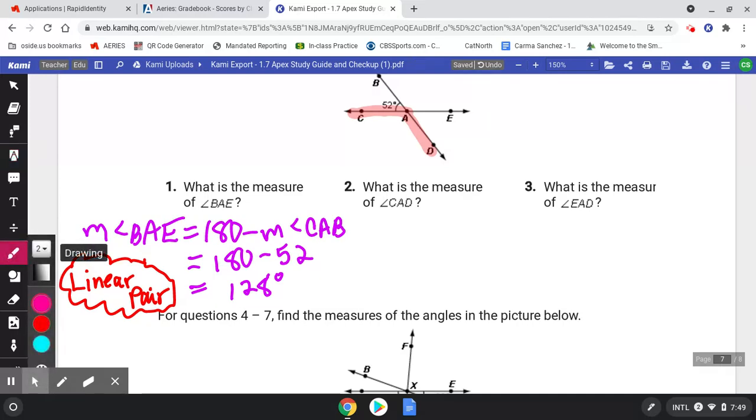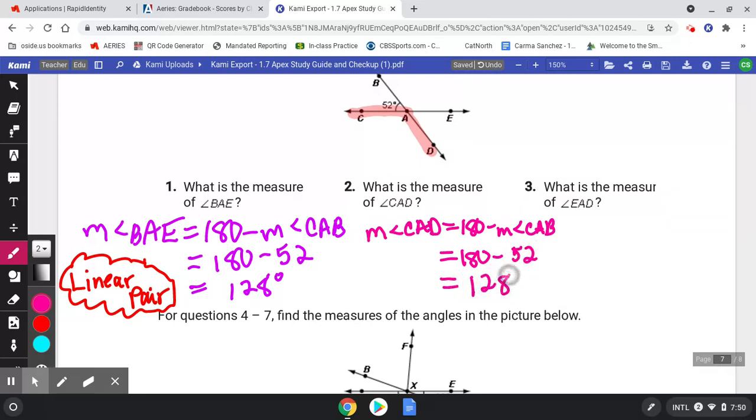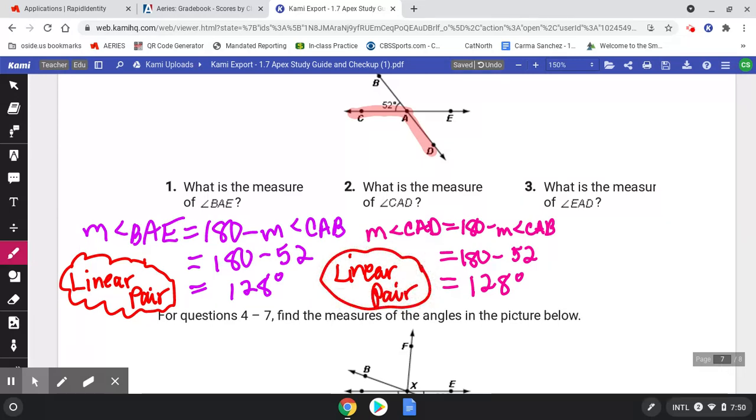All right, so we can say that the measure of angle CAD is equal to 180 minus the measure of angle CAB, just like we just did the one before. So we can say 180 minus 52, and that's also 128 degrees. And then the reason we put off to the side as our justification is linear pair, because linear pairs form 180.